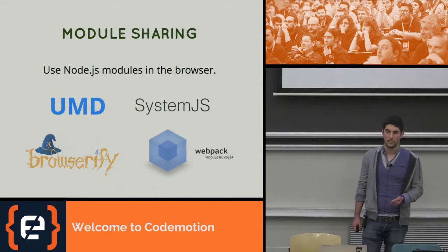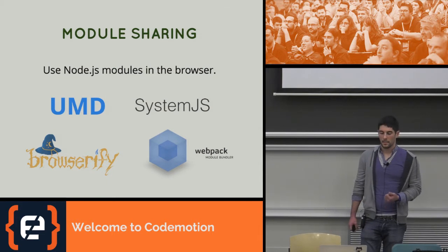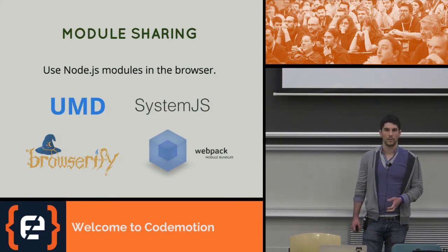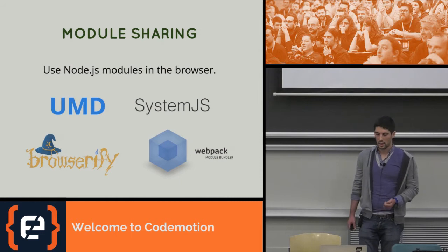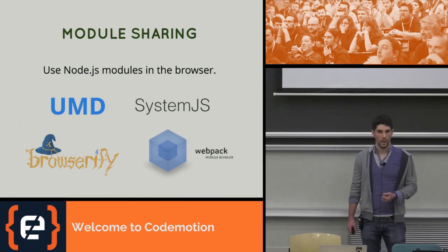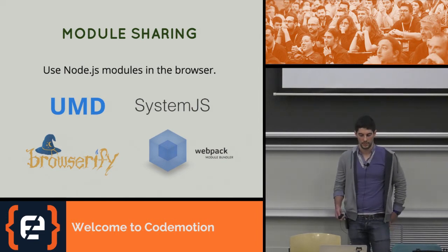For example, we have UMD, Universal Module Definition, and System.js. They help us in loading our modules also in the browser. But most of the time, we also need to transform this module somehow, because on the server we program in a certain way, and it doesn't always match what we need to do in the client. So we have tools like Browserify and Webpack that help us to fill the gap and to compile, or transform, our code in a way that the browser can understand.